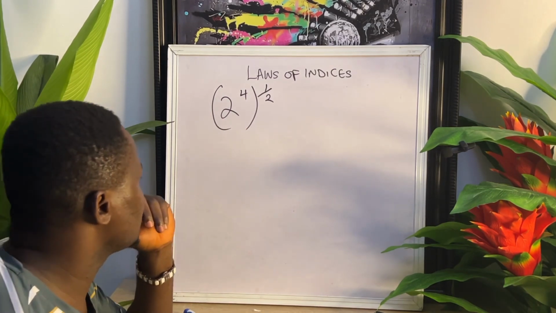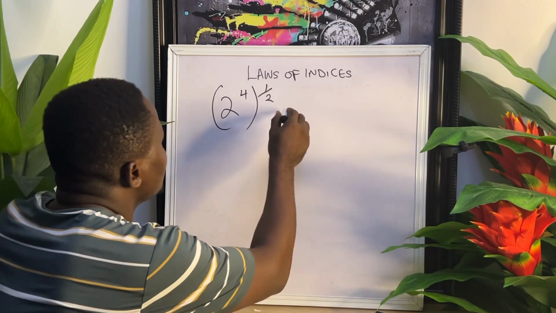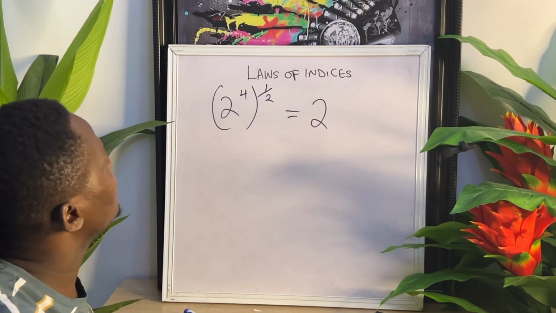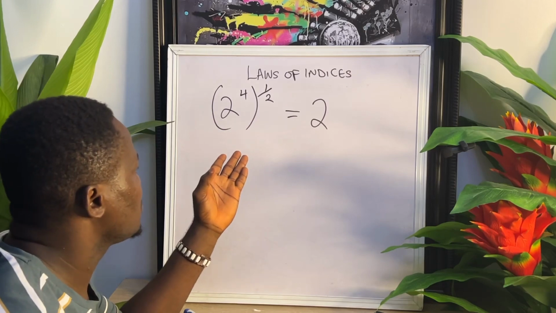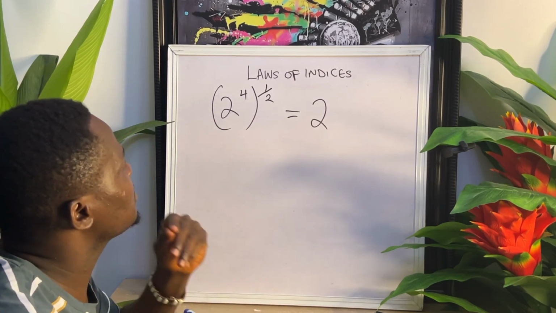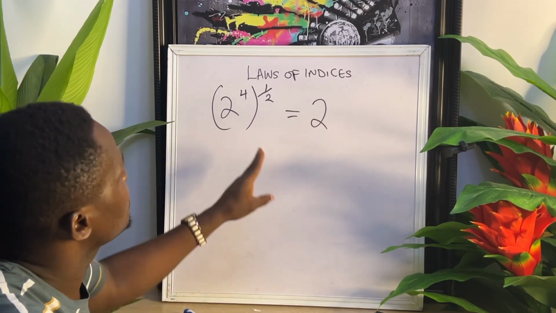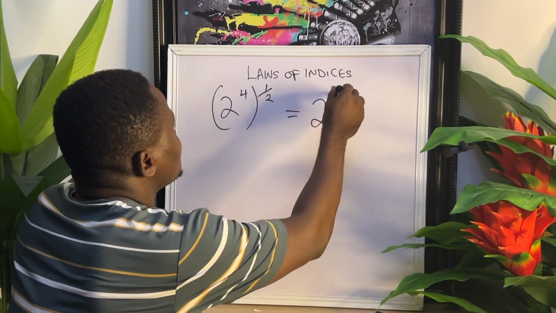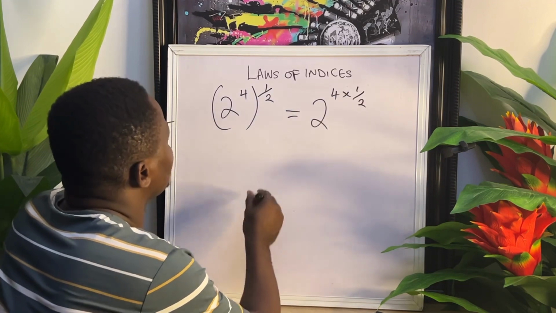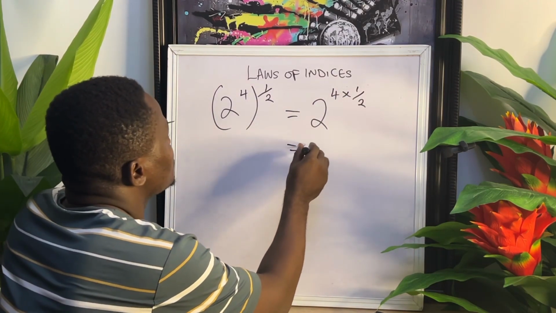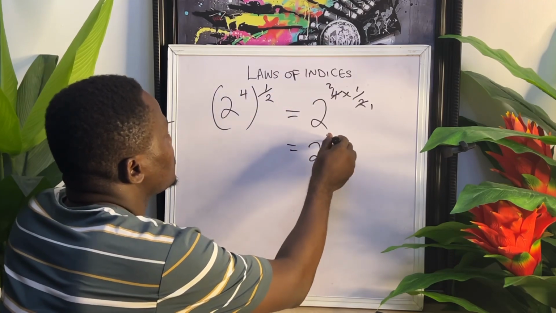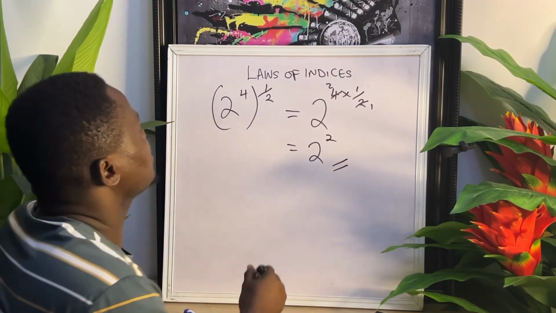The law states that we retain the base inside the brackets, and the power inside the bracket will be used to multiply the power outside the bracket, because bracket stands for what? Multiplication. So we have 4 times 1 all over 2, and this gives 2 raised to power 2 over 1, and 2 goes here, 2 power 2, and this is the answer.